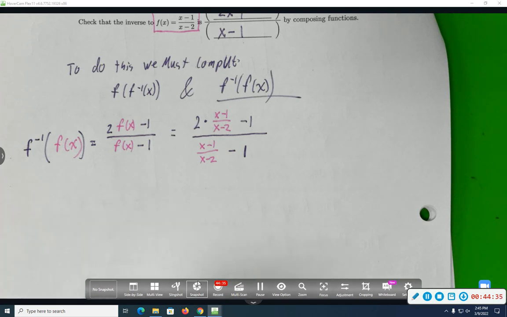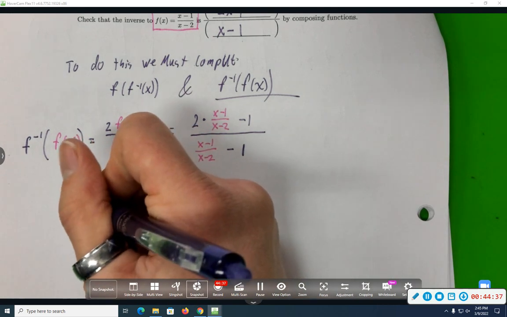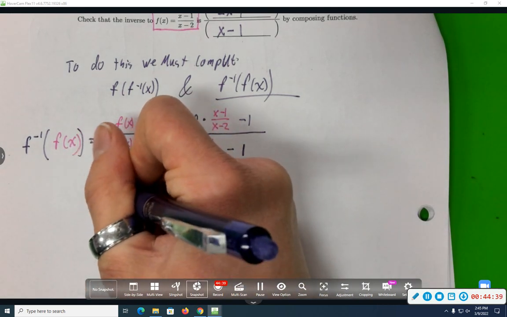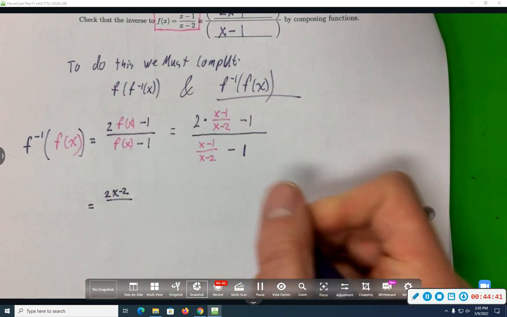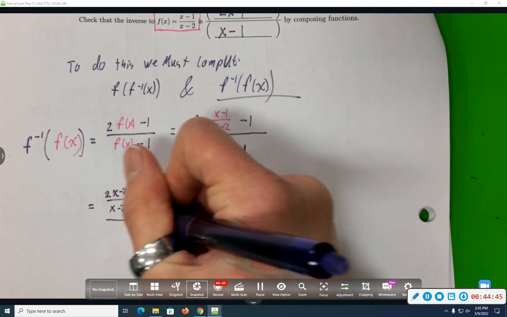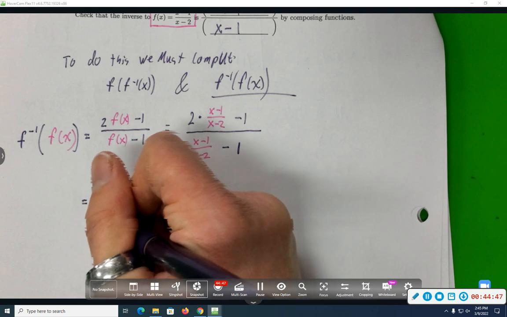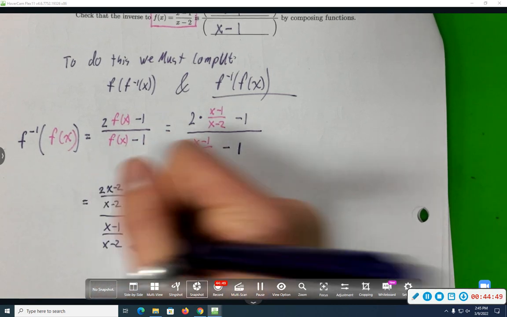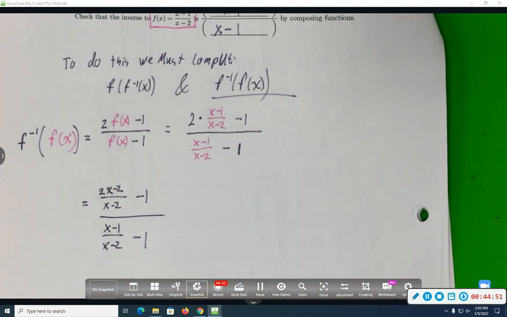That means that the top will get multiplied by 2. So I'll get 2x minus 2 over x minus 2 minus 1 over x minus 1 over x minus 2 minus 1. Cool?